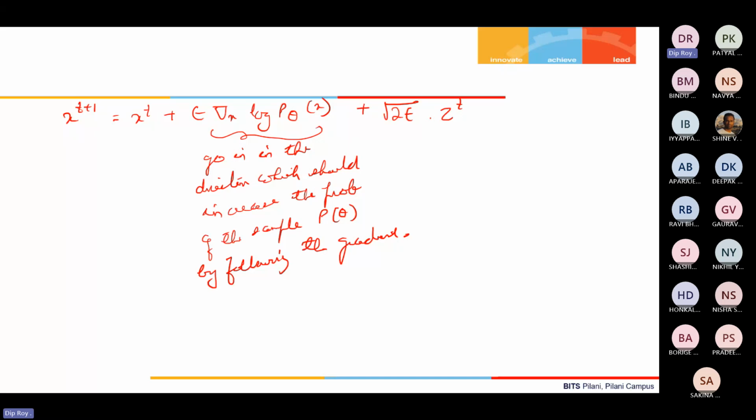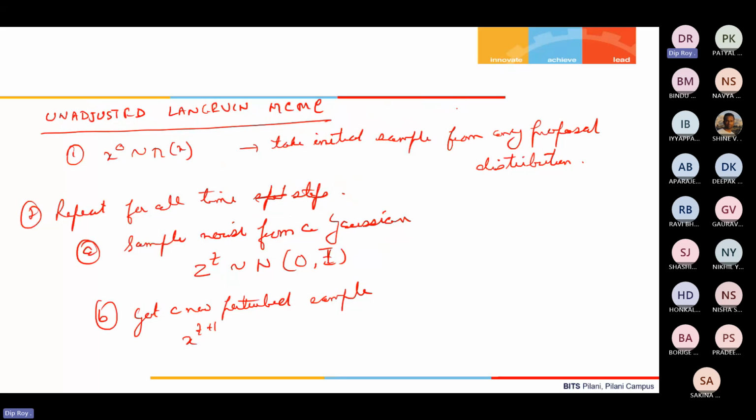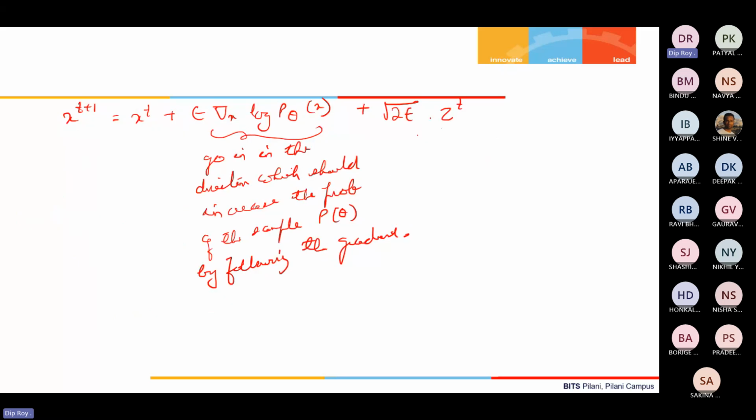Okay, so what are these? We have said that the z we have sampled from is some noisy sample, and we scale. What we do is we add some noise, as we do not want to be greedy and we want to explore the space.